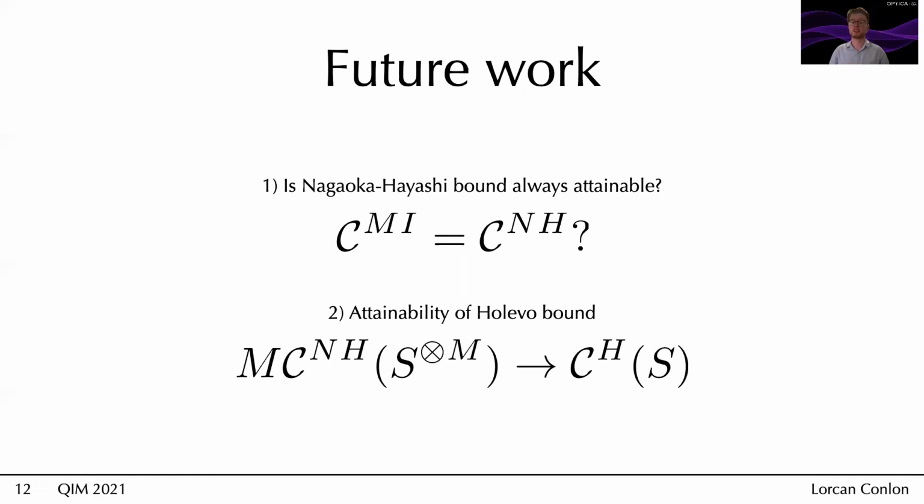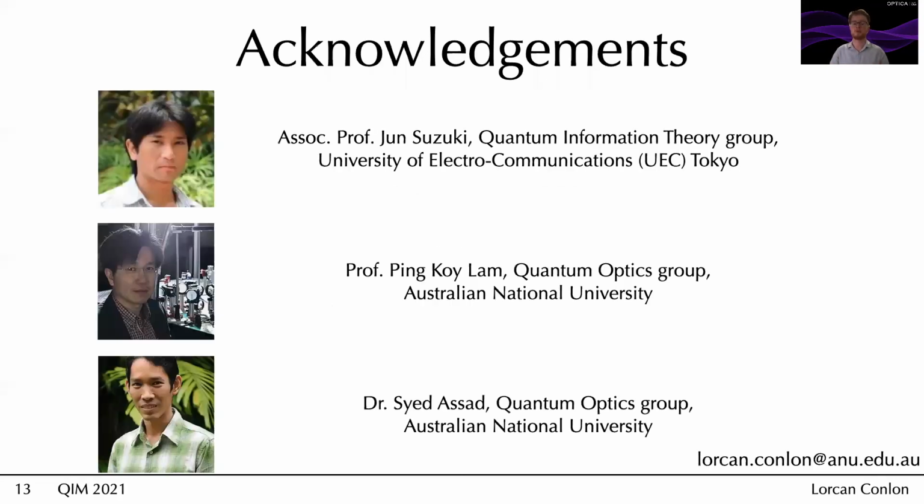And the second question concerns the attainability of the Holevo bound. So in general, we know that a collective measurement on infinitely many copies of the probe state is required to reach the Holevo bound, and the Nagaoka-Hayashi bound allows us to investigate this. This is something we've been working on and will hopefully share soon.